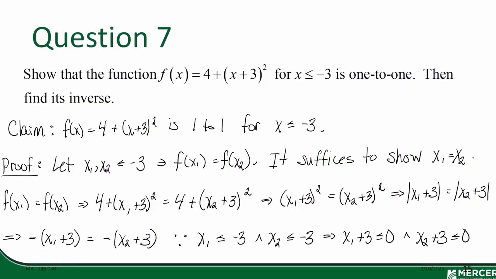Now think back to your definition of absolute value. Since the quantity is less than or equal to 0, the absolute value will spit out the negative of that quantity. Oh dear. I'll just have to finish that proof on a new slide.